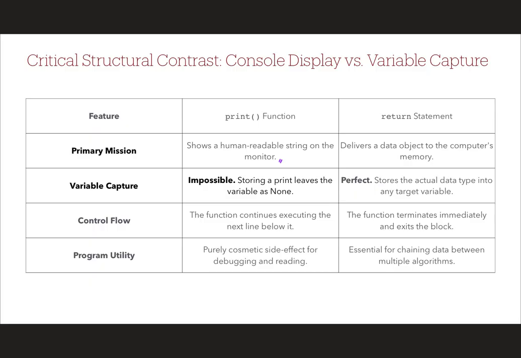The print function does not return anything, right? So if you use the print on the right hand side of certain assignment statement, it does not receive anything. So the variable will receive None.